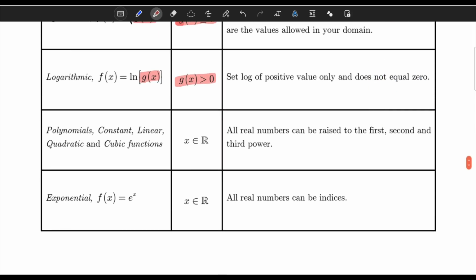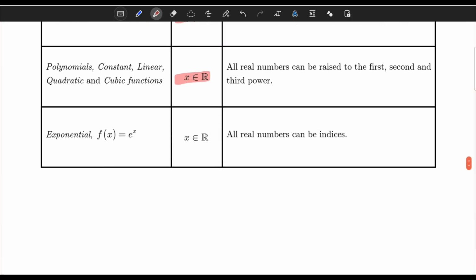Okay, and then if we have polynomials, constant, linear, quadratic, and cubic functions, the domain normally will be real numbers except if you are given the range of x, okay, in the question. Okay, exponential, so the domain will always be real numbers.